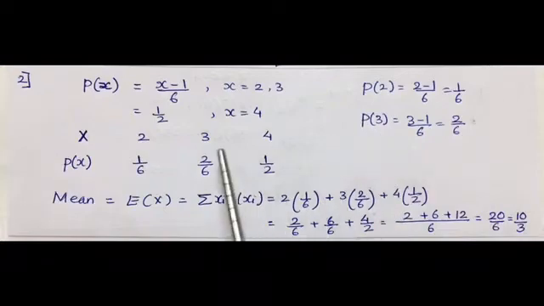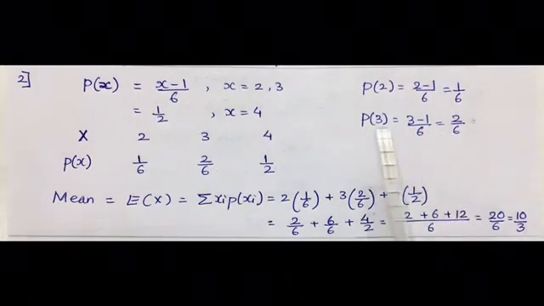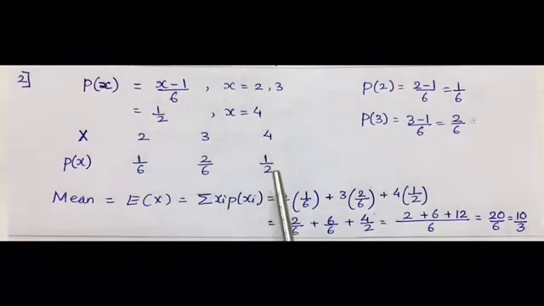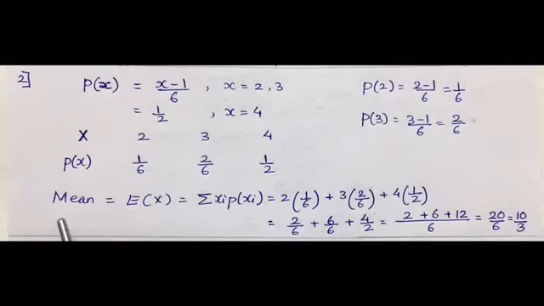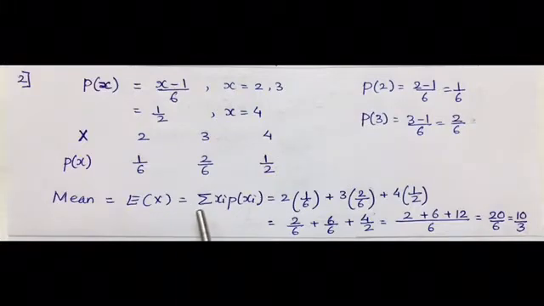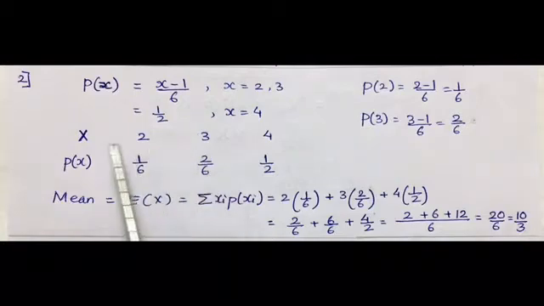P of 3, probability of 3 is 2 by 6, which is calculated from here, and probability of 4 is given as 1 by 2. Now to calculate mean, the formula that we use is E of x, and E of x becomes sigma xi pxi. This is a formula for calculating the mean for a random variable x.